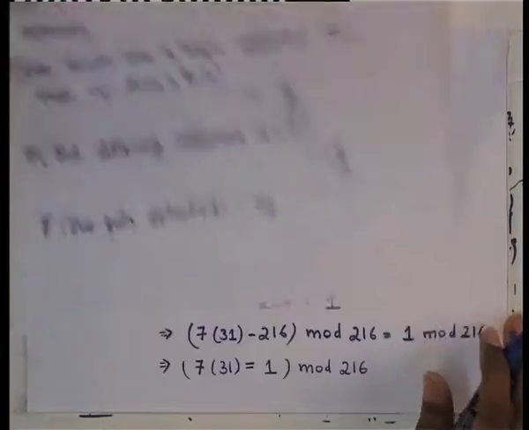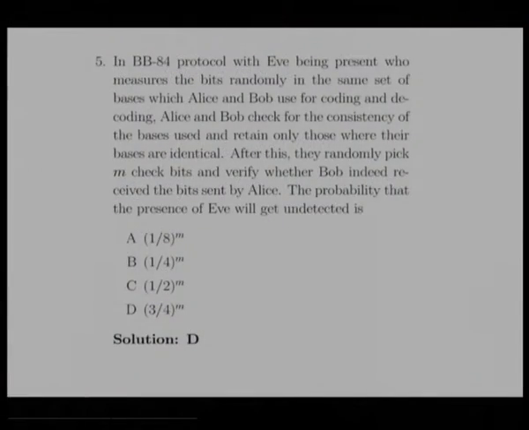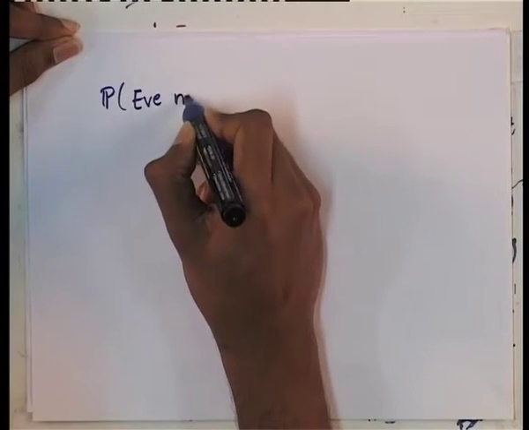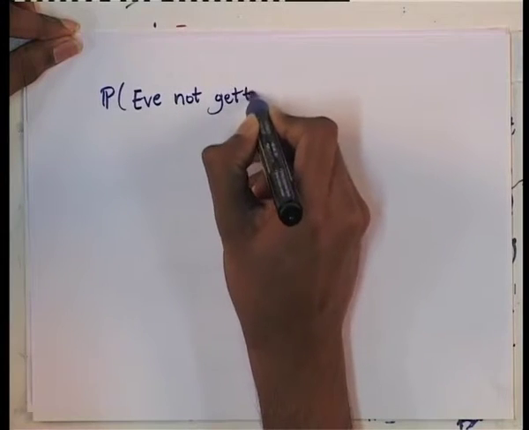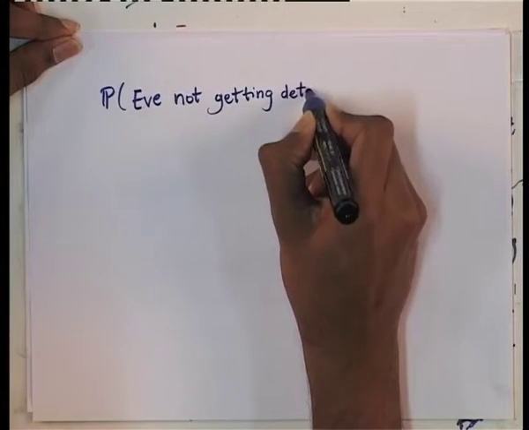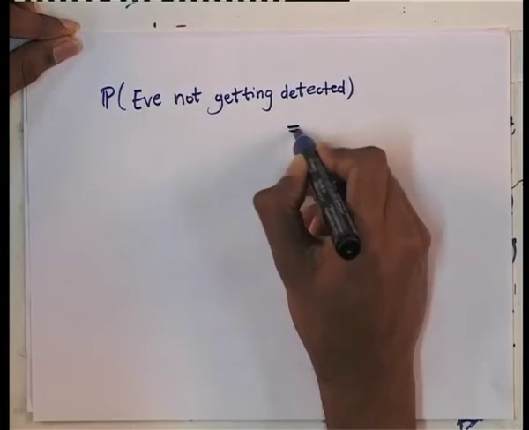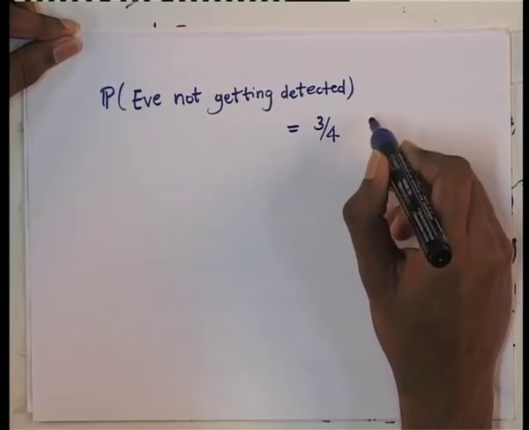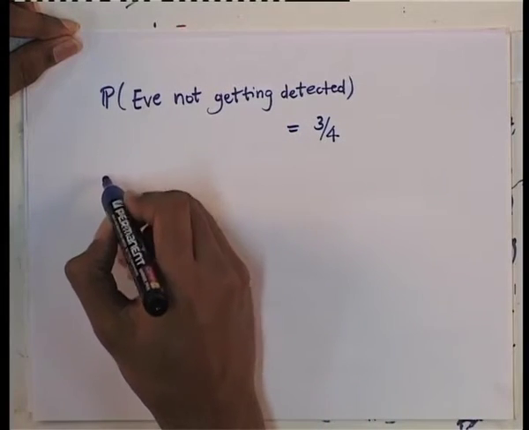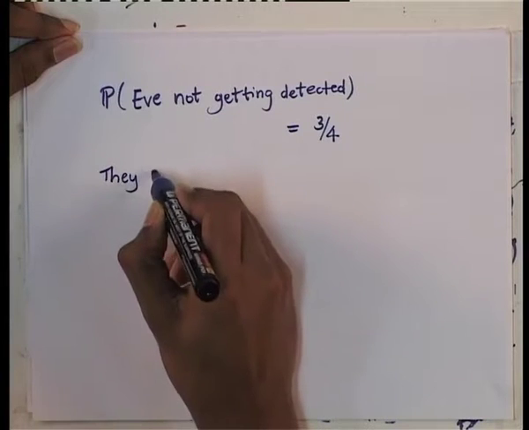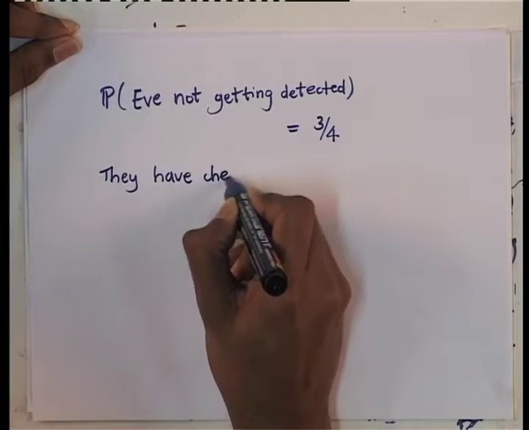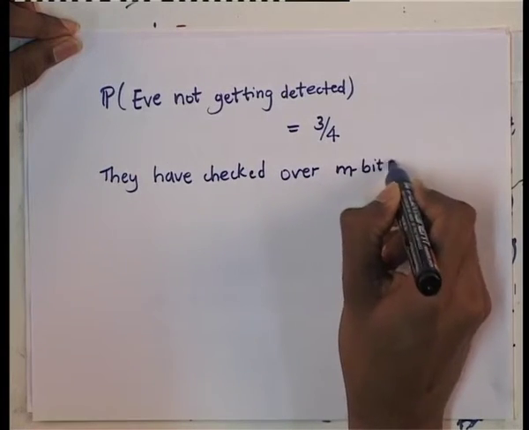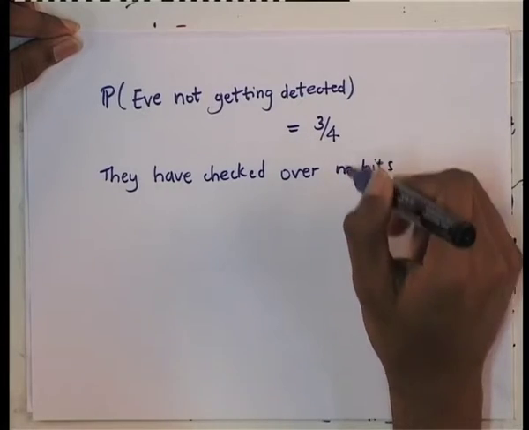So probability of Eve not getting detected is 1 minus 1 by 4, which is 3 by 4. We calculate this probability for 1 bit, but it is given that they have checked over m bits. So this event has to be repeated for m events.